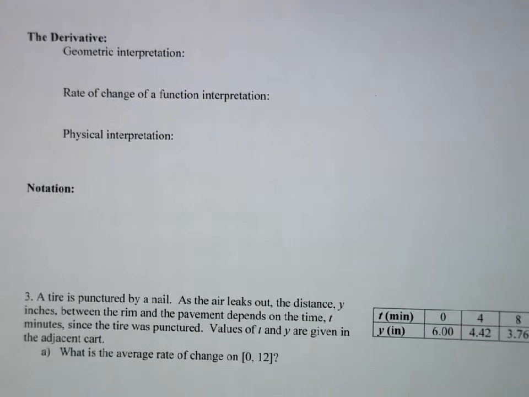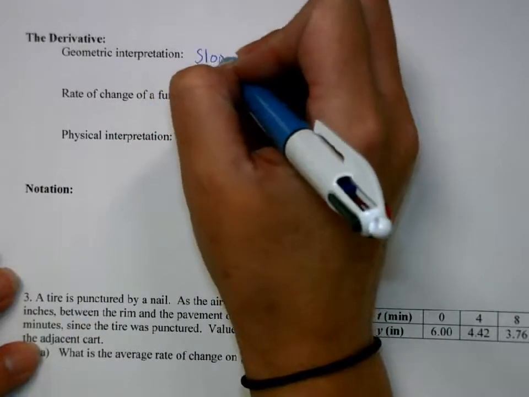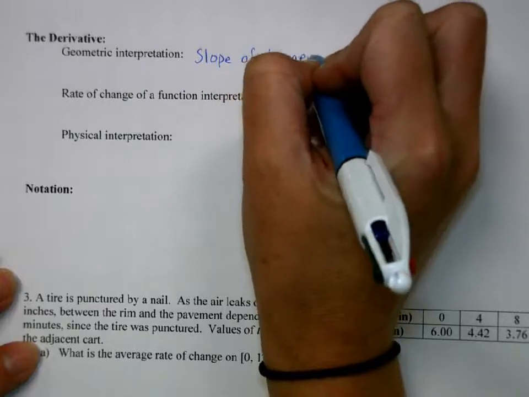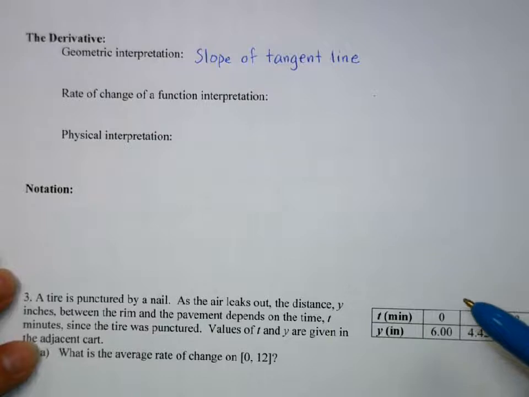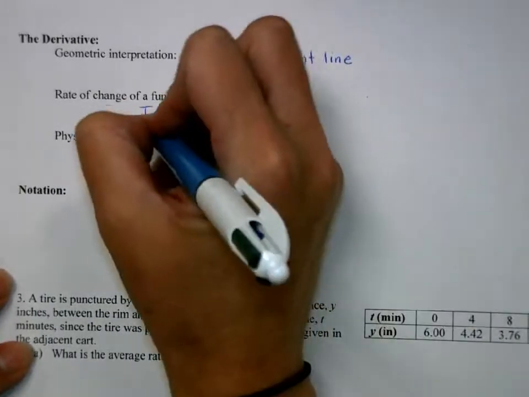The derivative. This is extremely important. We're going to spend about half a year talking about the derivative, so we're going to talk about different interpretations. The derivative geometrically is the slope of the tangent line. The rate of change interpretation is that it is the instantaneous rate of change.